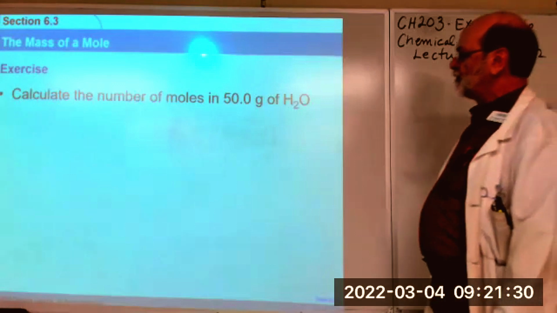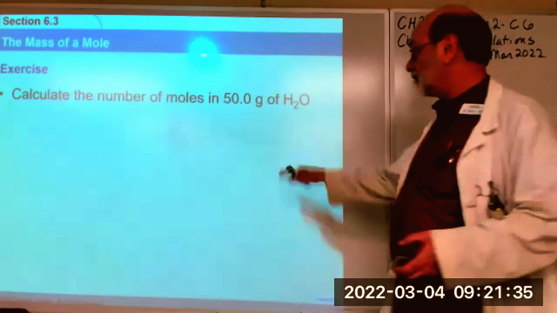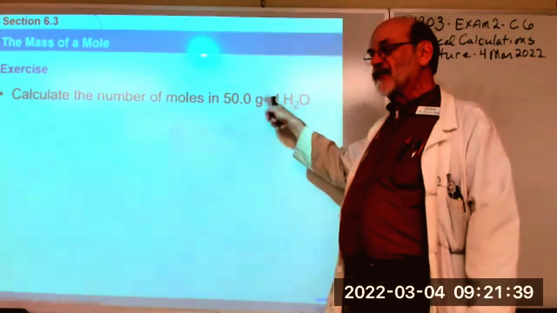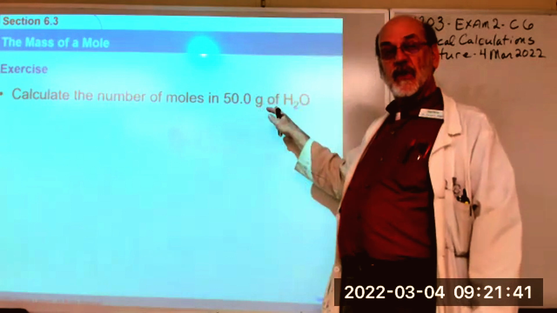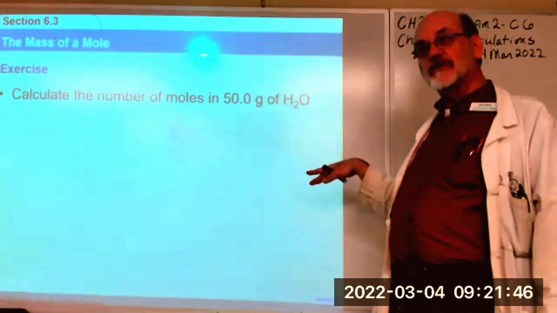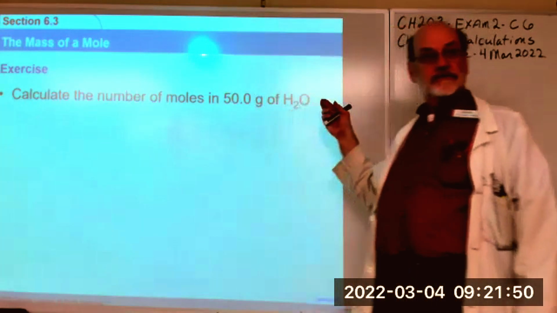How about the number of moles of 50 grams of water? If you have 50 grams of water and you want to convert to moles, you need to cancel the grams and leave you with moles. That means moles is on the top, grams on the bottom. So your conversion factor would be 1 mole per so many grams of water.